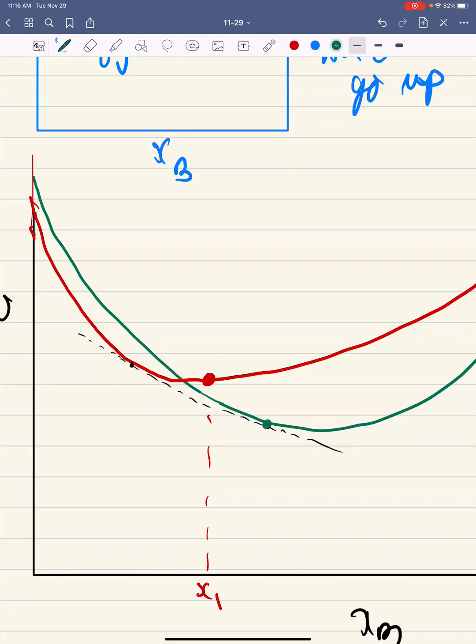So I have drawn a dashed black line, which is a tangent to the red curve exactly at one point, and which is a tangent to the green curve exactly at one point.